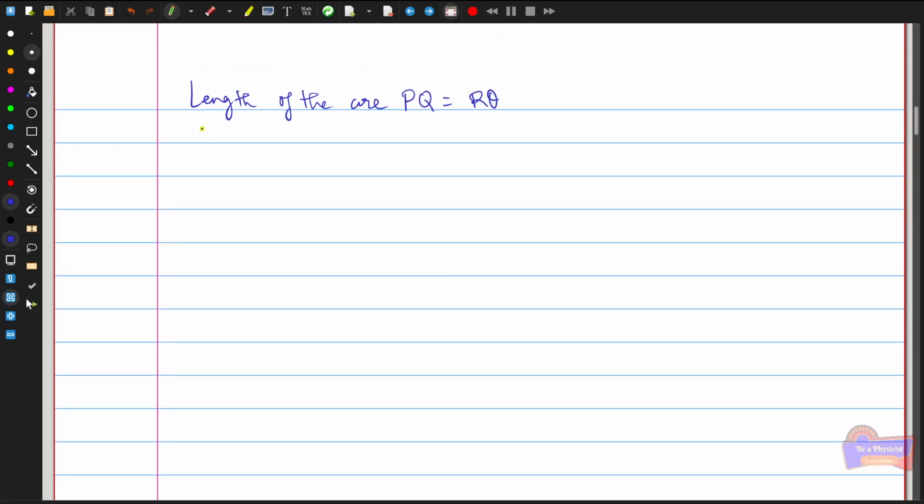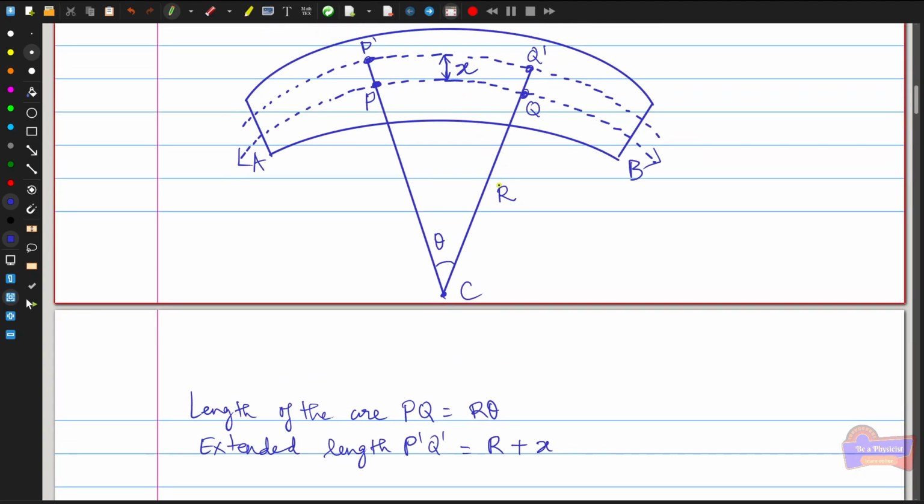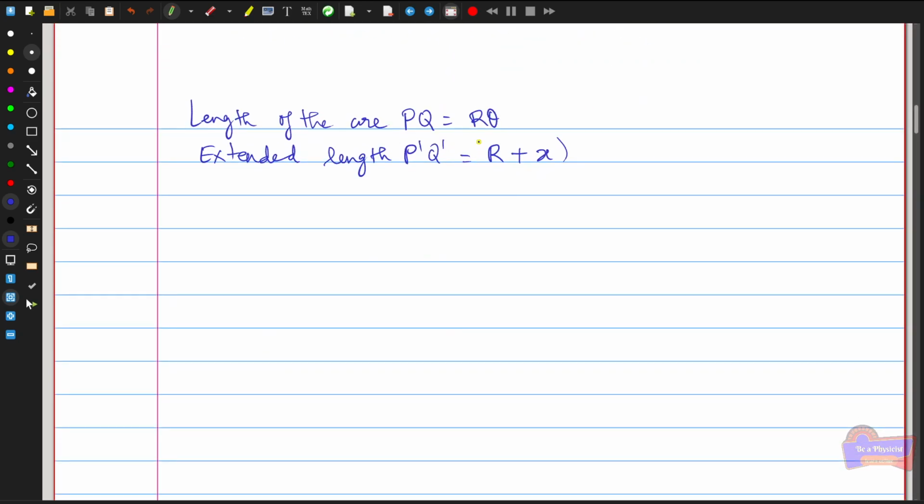The extended length at P prime and Q prime can be given as r plus x, since the distance from PQ is x, so I am adding the x with the r. So r plus x times theta is the extended length.